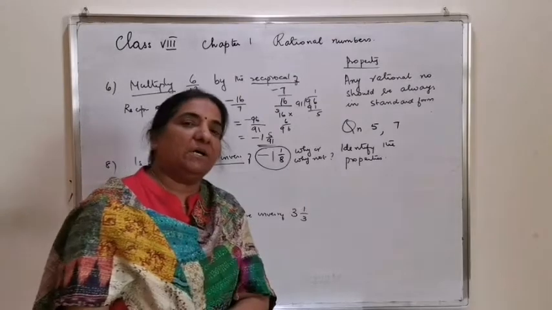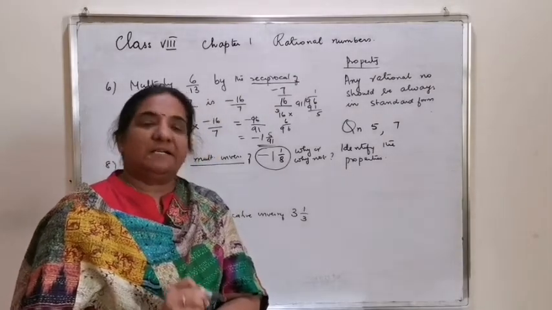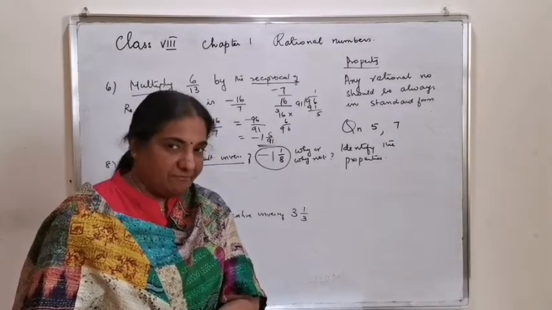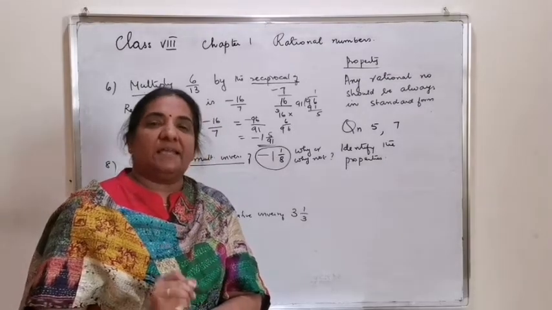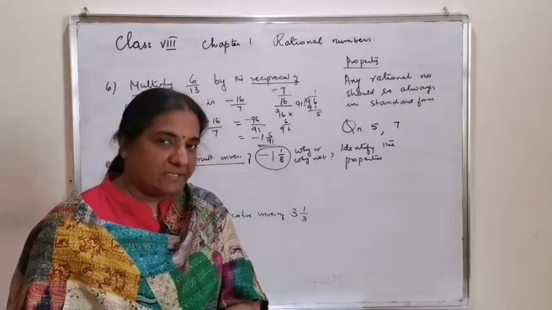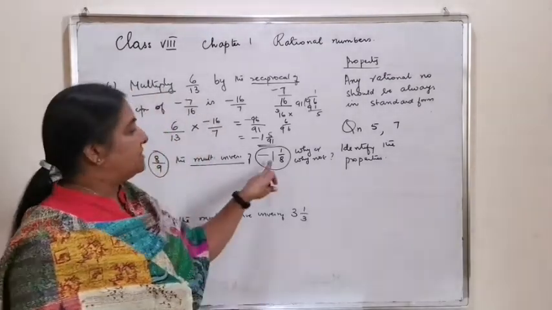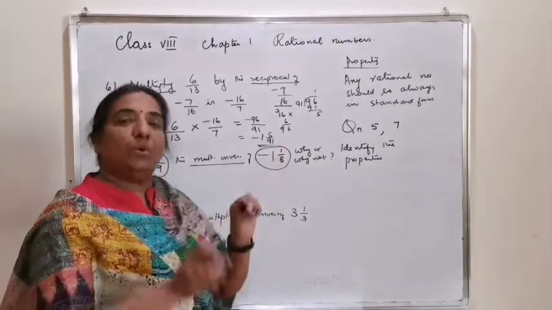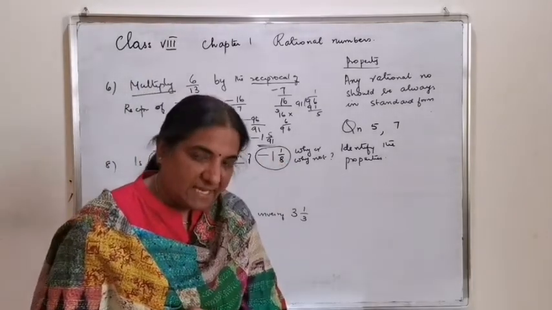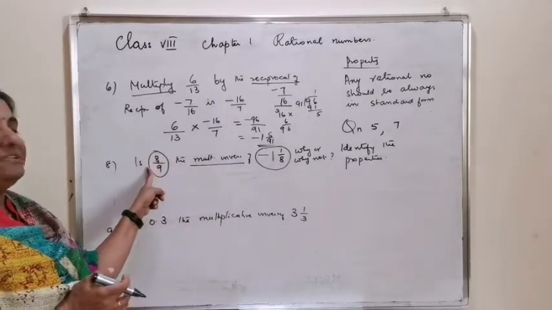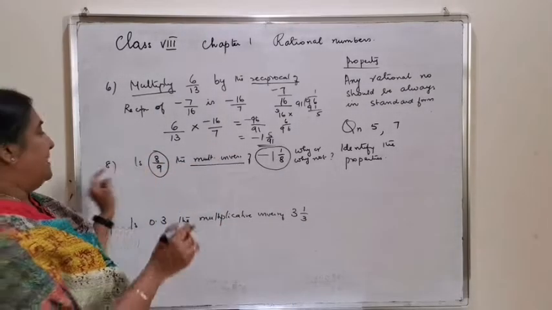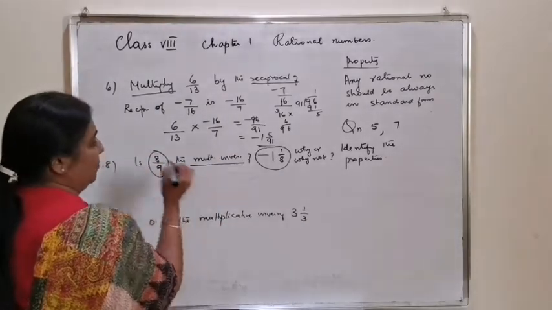Actually, it doesn't need a workout because multiplicative inverse, as I have mentioned, the sign is not affected. That means the multiplicative inverse of minus 1 and 1 by 8 will have a negative sign. Here, since the negative sign is not there, definitely you can write it as no.